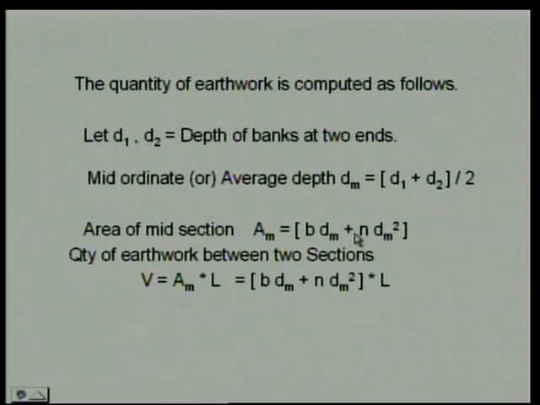So, the volume or quantity of earthwork between the two sections by the mid-ordinate rule is equal to the area at the midsection multiplied by the length between the sections, that is, (B dm plus n dm square) multiplied by L. This is how we compute the quantity of earthwork between the two sections by using the mid-ordinate rule.